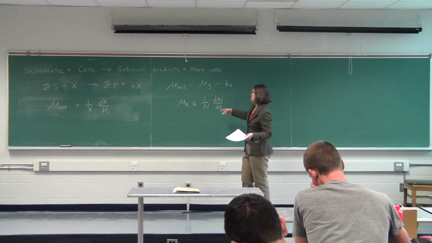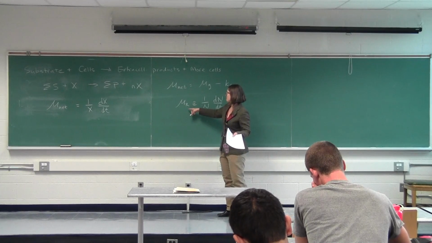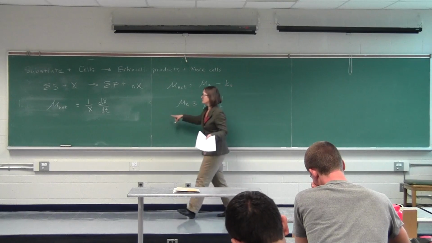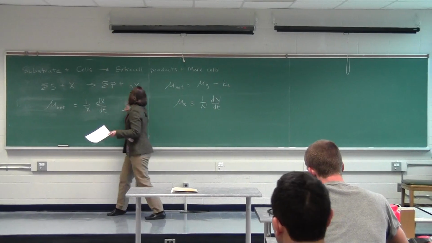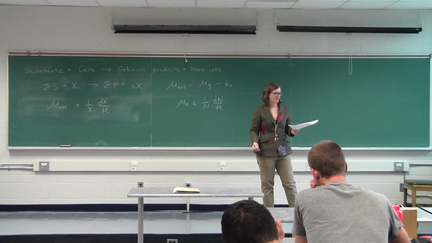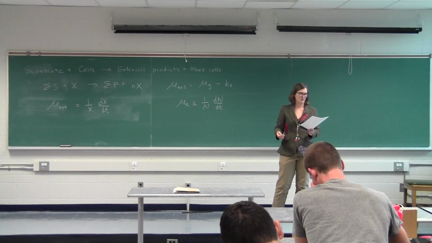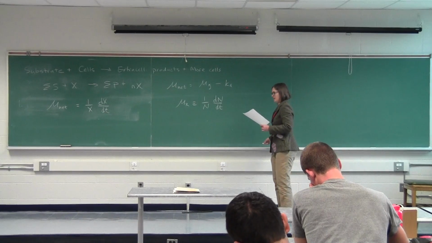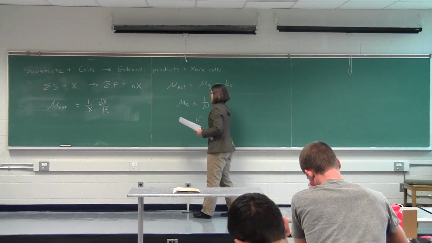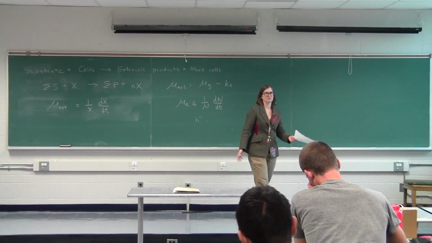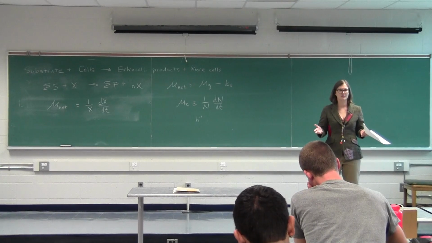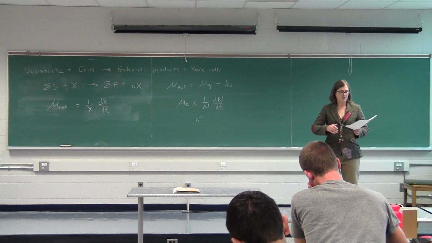Just so that you know, the R is there if you've counted the cells, the G is there if you've based it on cell mass. This is all in hours inverse, the units of net specific growth rate, even if you count it or not. Does that make sense?